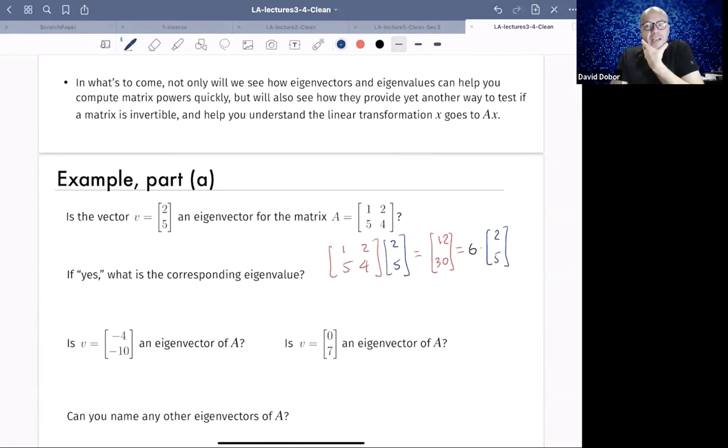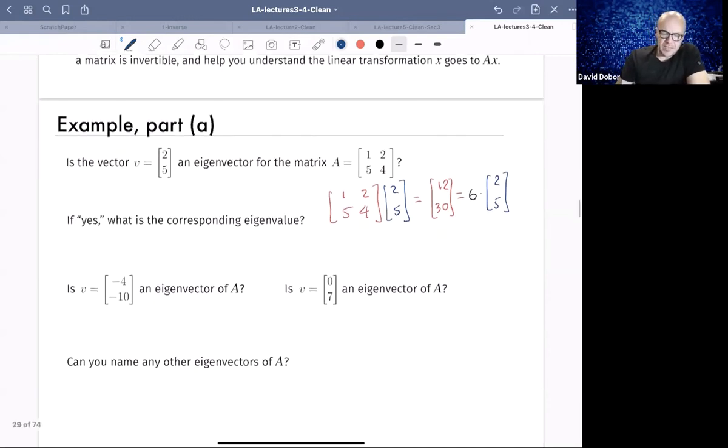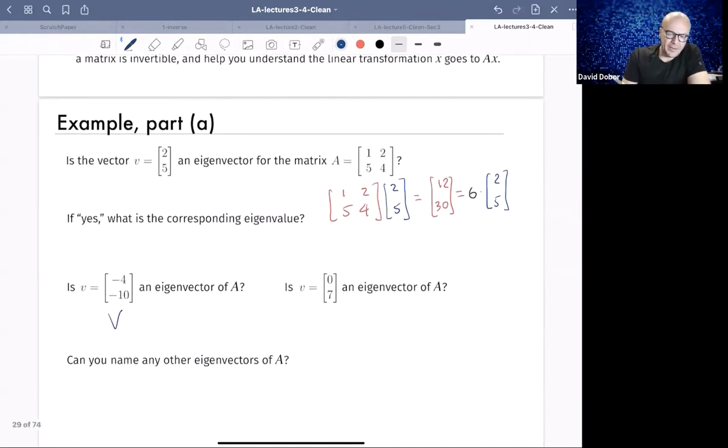So anything that's a multiple of this blue vector is also an eigenvector, or points in the opposite direction. (-4, -10) is also an eigenvector. (-2, -5), an eigenvector, right? Why? Because when you apply A to it, it gets stretched 6 times and stays on the same line. So this is an eigenvector.